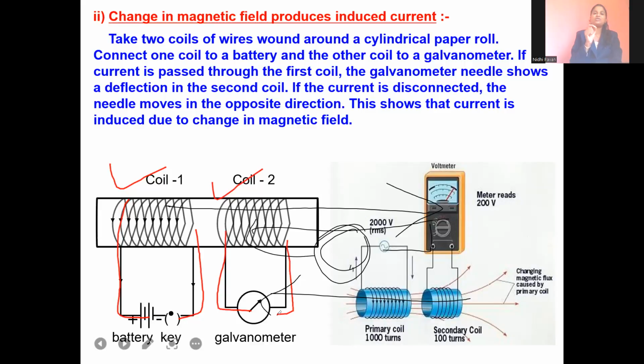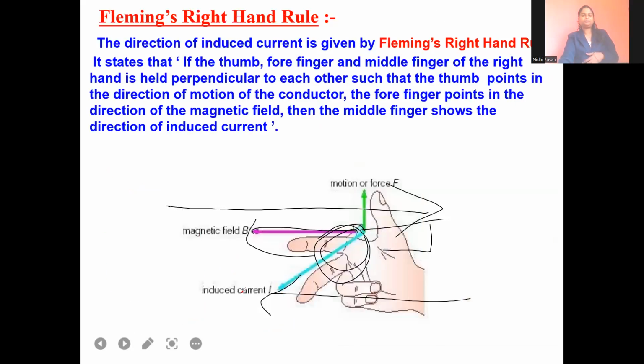If current is passed through the first coil, the galvanometer needle in the second coil shows a deflection. If the current is disconnected, the needle moves in the opposite direction. This shows that current is induced due to a change in the magnetic field.